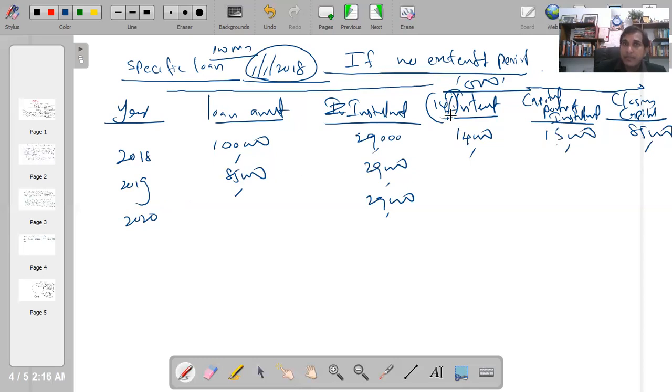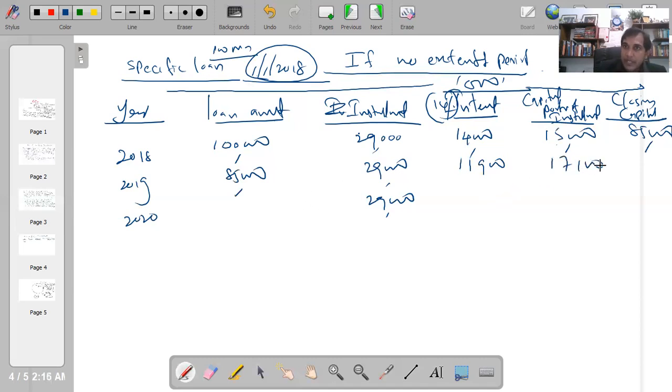Then apply 14%, because this is the loan amount at the beginning of the second year, 2019. So 85,000 multiplied by 14% is 11,900, that is the interest. So 29,000 minus 11,900, you will be getting 17,100.